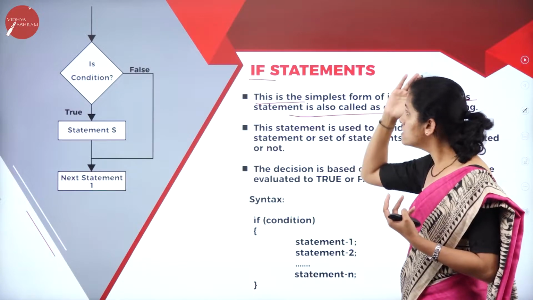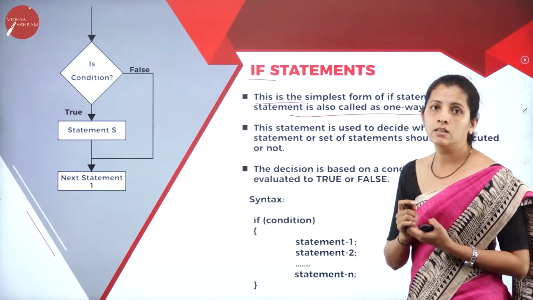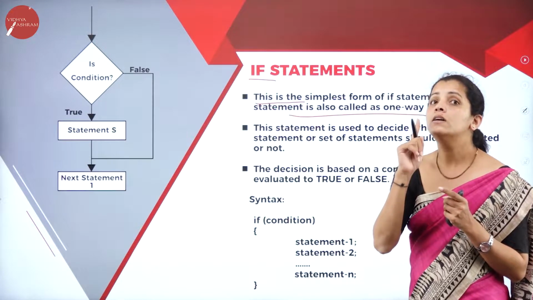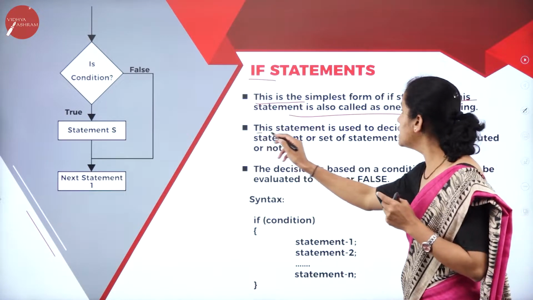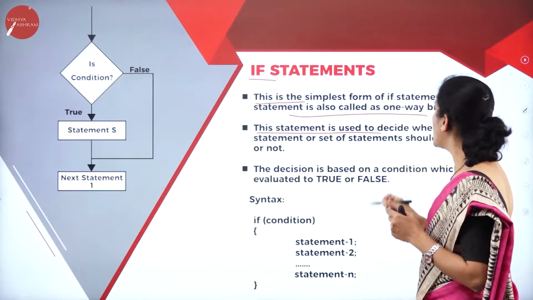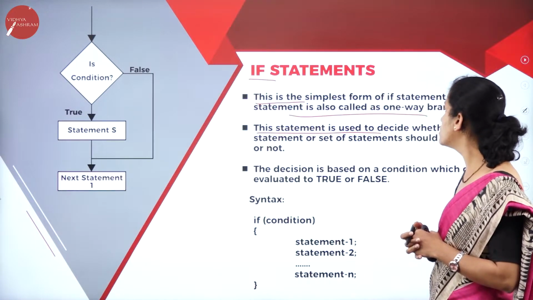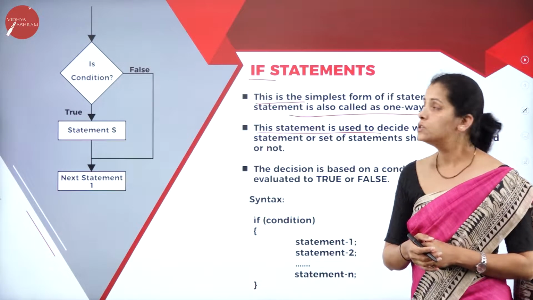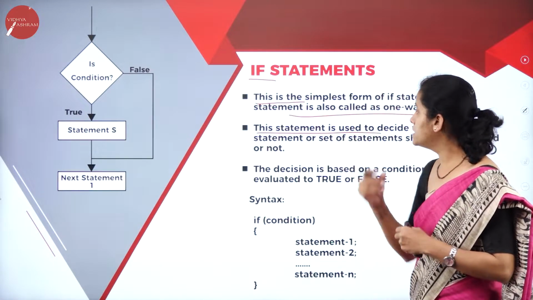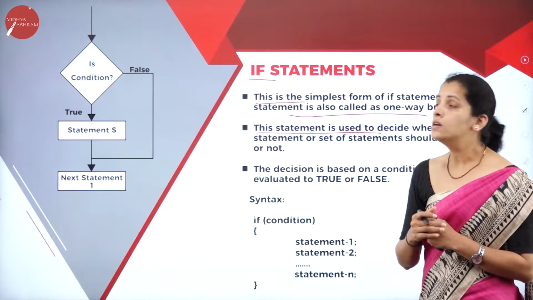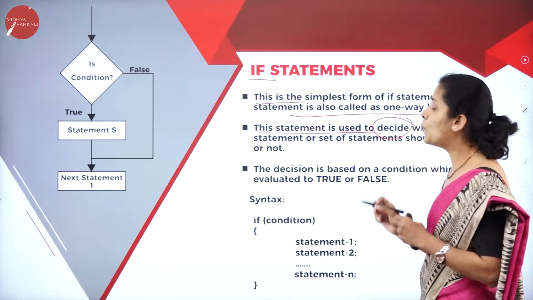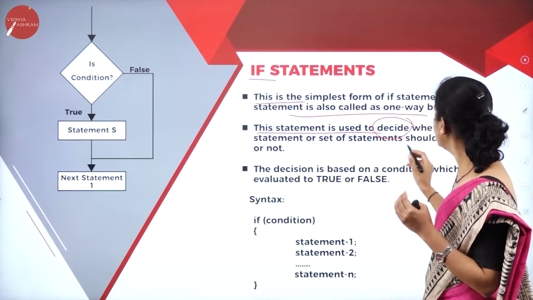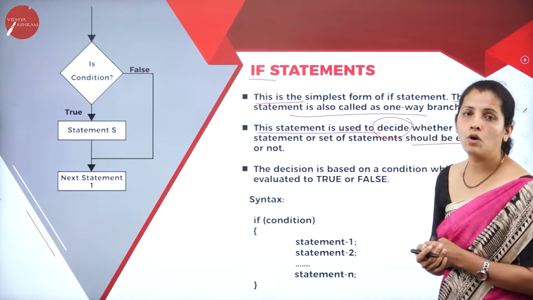By using simple if statement, computers are able to take only one decision. This statement is used to decide whether a statement or set of statements would be executed or not.